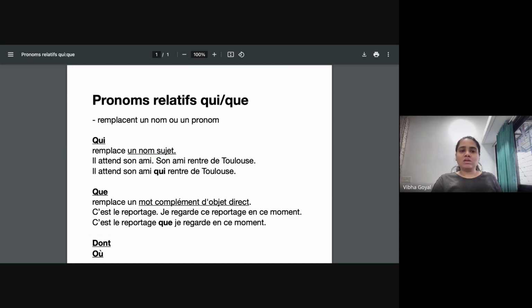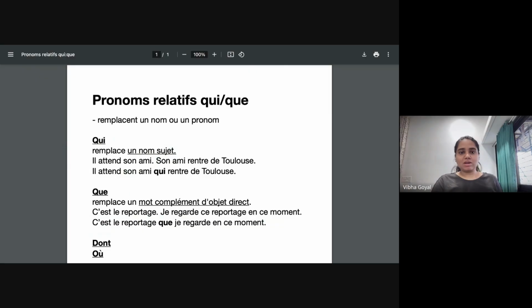See, QUI is used mostly for people. Remember it that way. In most cases, it will be for people. Once you get it, you get it. Don't get into the rule of it.